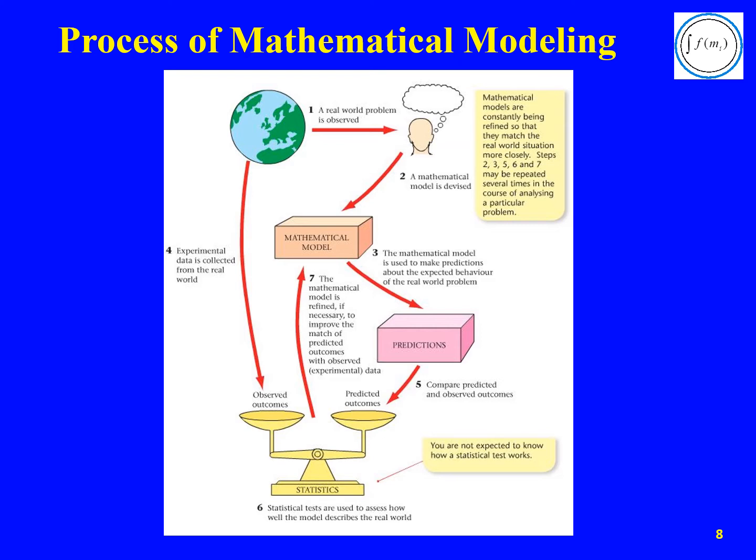Once you select the mathematical model, the model is used to make predictions about the expected behavior of the real world problem. Before you predict, you have to satisfy all validation criteria in the model. If the model satisfies the validation criteria, you can gain the predicted outcomes.